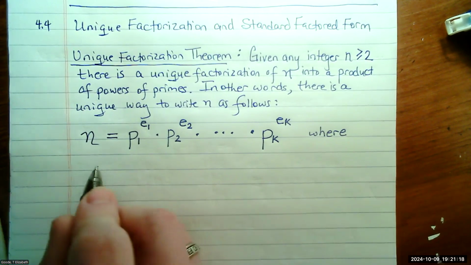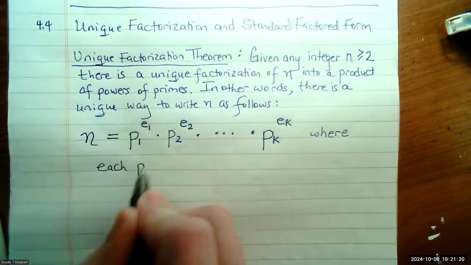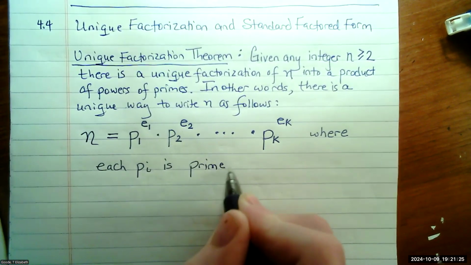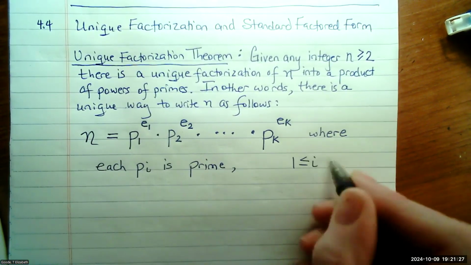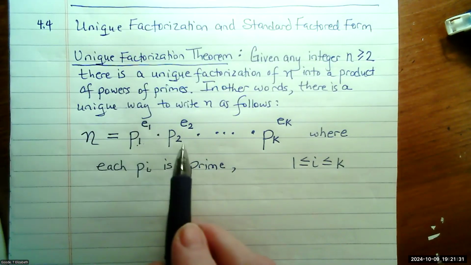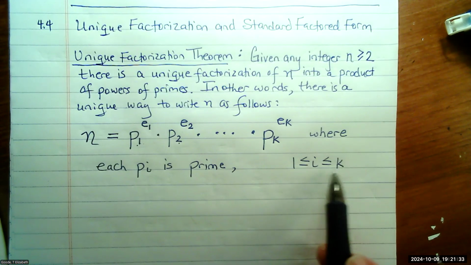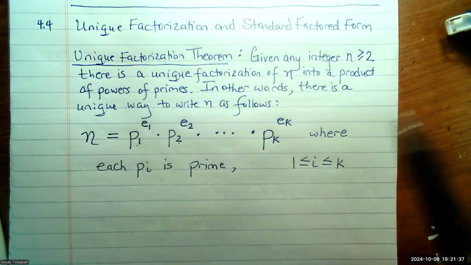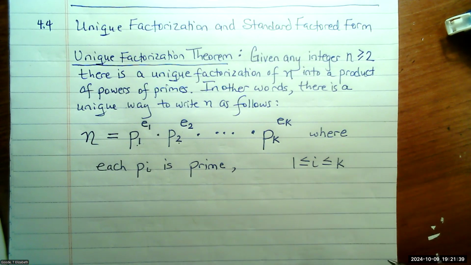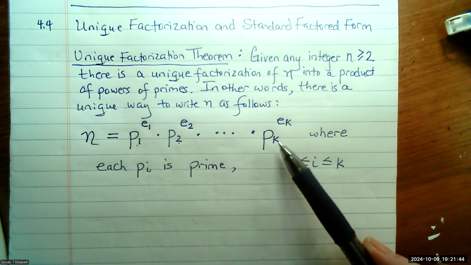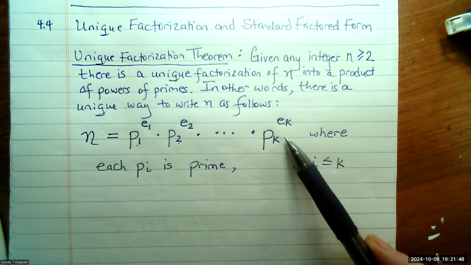Where, okay, first, each p sub i is prime, for 1 less than or equal to i less than or equal to k. That means for each of these p sub i's, p sub 1, p sub 2, up to p sub k, they're all representing primes. By the way, when k is used as an indexing number in the context of our course, it's understood it's representing an integer, okay?